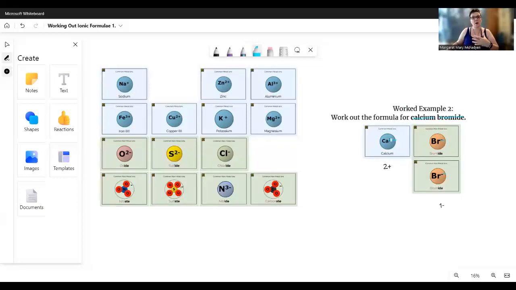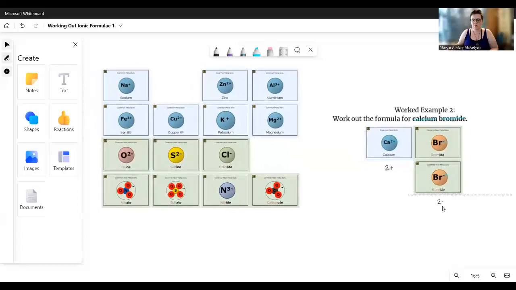And the fact that I now have two cards there with two negative charges is then pointing me to the fact that this negative here is no longer one negative charge, but it's two negative charges, because we have two 1 minus ones. So now we're at the point where the positive and the negative charges are equal and they are cancelling each other out. And what that does is leave us to write the formula.